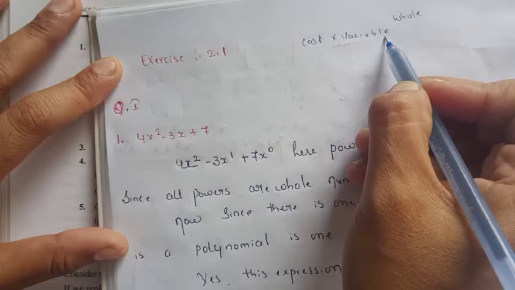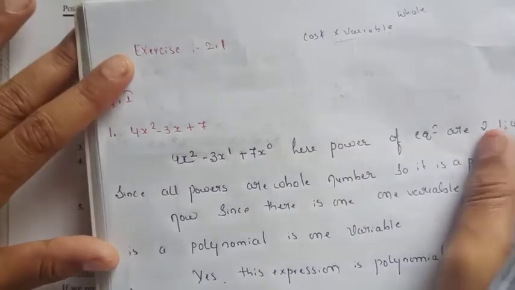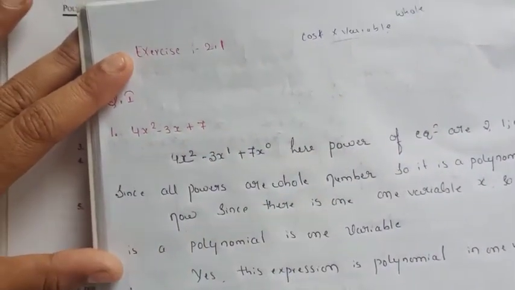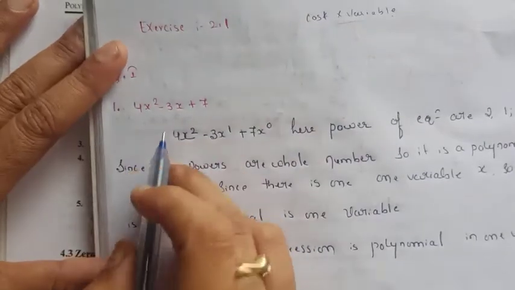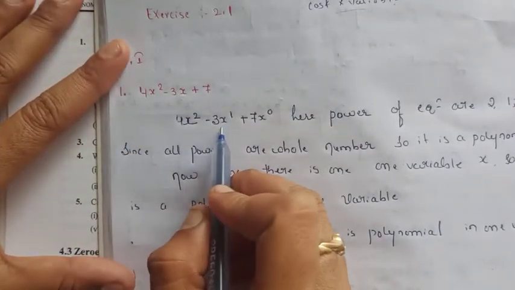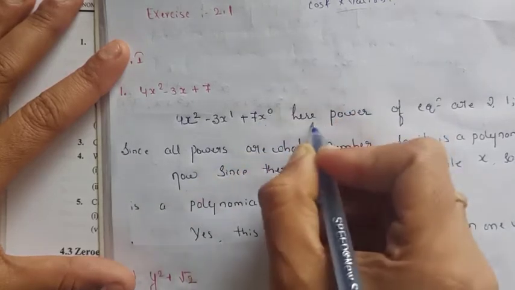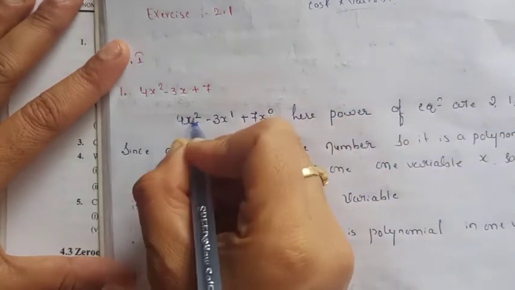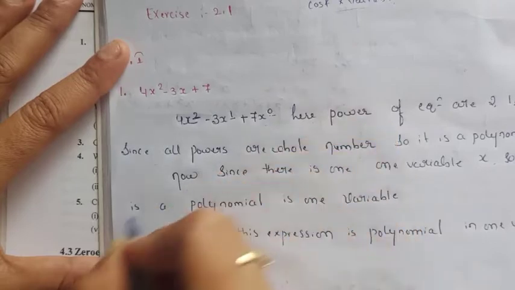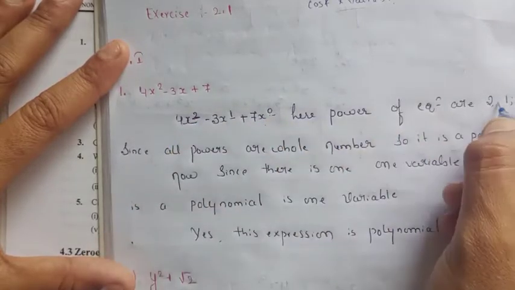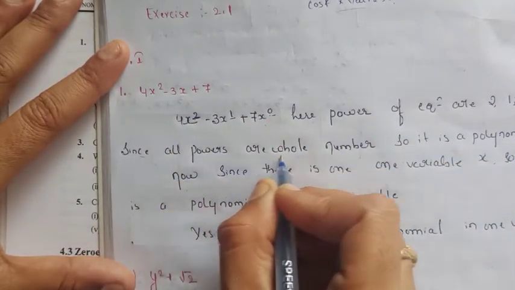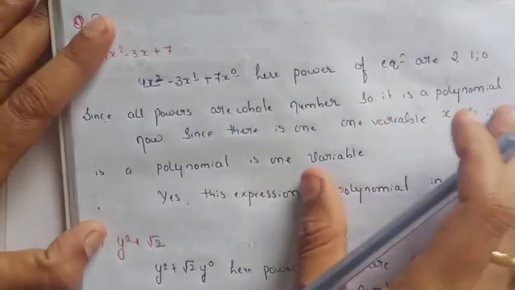On the basis of this we should identify this equation. See students, here 4x square minus 3x to the power 1 plus 7x raised to 0. Here the powers of the equation are 2, 1, 0. Since all powers are whole numbers, it is a polynomial.